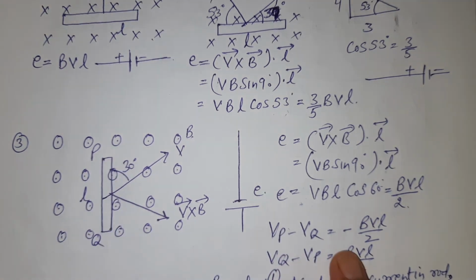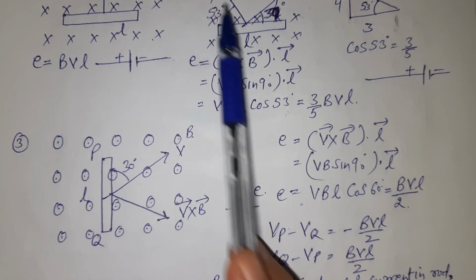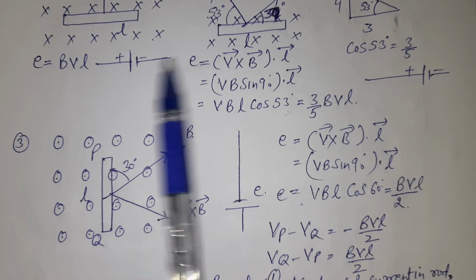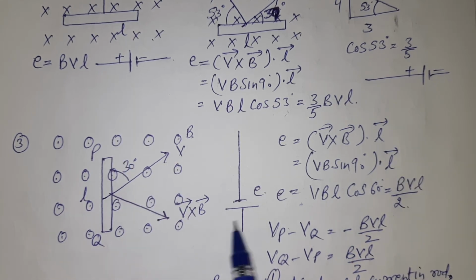So VP minus VQ will be minus BVL by 2 and VQ minus VP will be BVL by 2. Make a note that the direction of positive will be the direction of V cross B. If V cross B is this side, positive will be this side. If V cross B is downward, then positive will be downward.